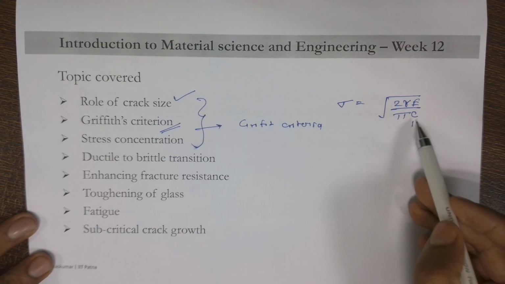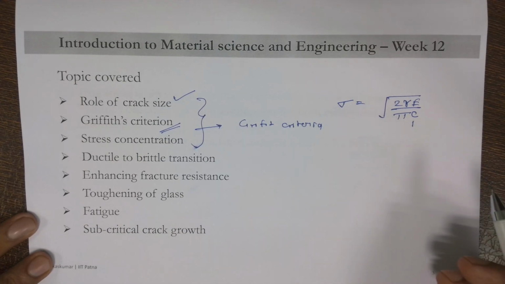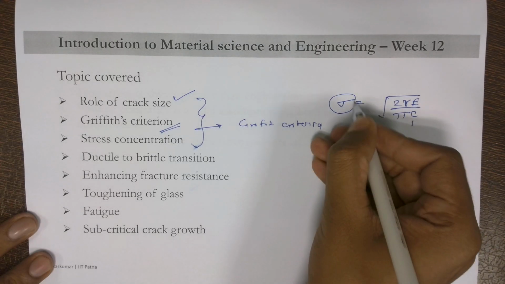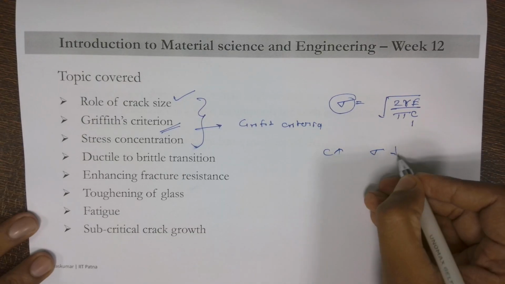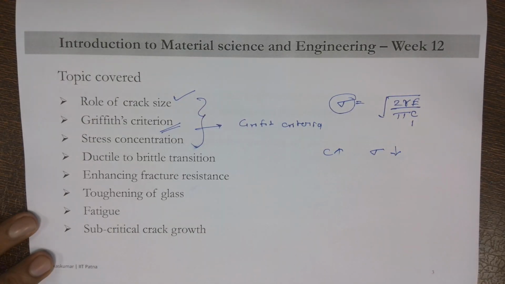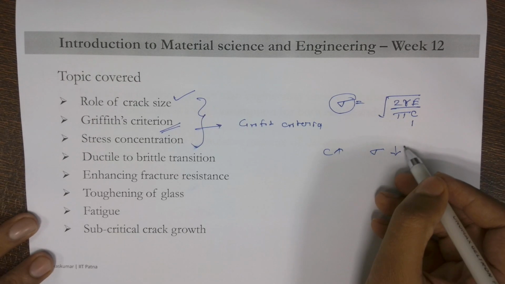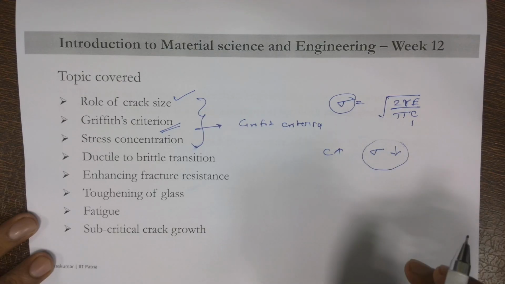Here we saw that if we keep increasing the crack length present in the specimen, you will require less force. Increase C, and the sigma required will be lower. So in this case, we get low stress, which means that the material is weak, right?